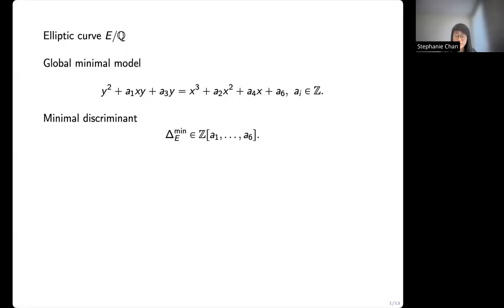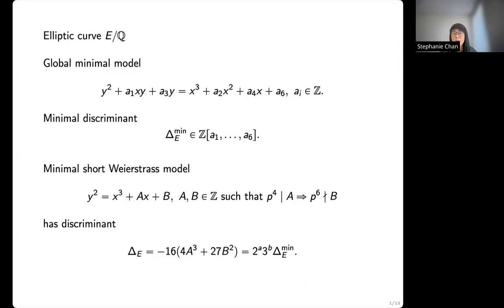For the purpose of this talk, and just in general, if we want to reduce the number of variables here, because there are the coefficients A1 to A6, which is quite a lot to handle, we can restrict ourselves to a minimal short Weierstrass model. So we can take a model where we're taking A1 to A3 being 0, but keeping A4 and A6.